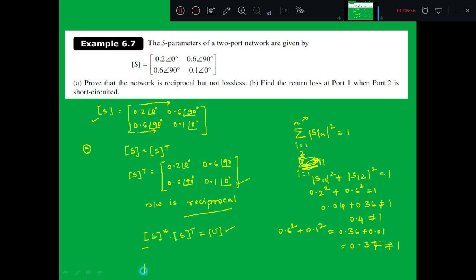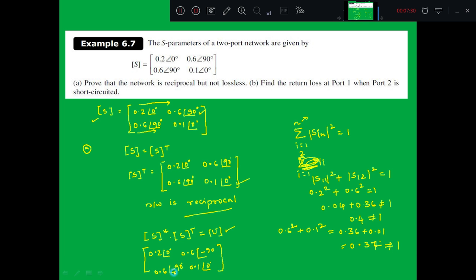I will write it down here. The conjugate means a positive phase angle becomes negative and a negative one becomes positive. The 0 degree I keep as it is. Then 0.6, with plus 90 degrees, becomes minus 90 degrees. Next 0.6 minus 90 degrees, and here 0.1 0 degree.